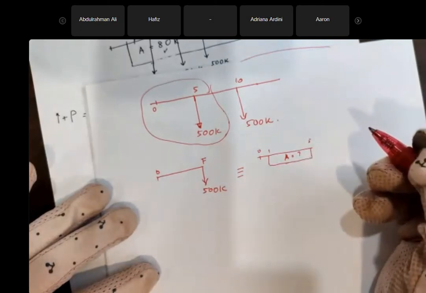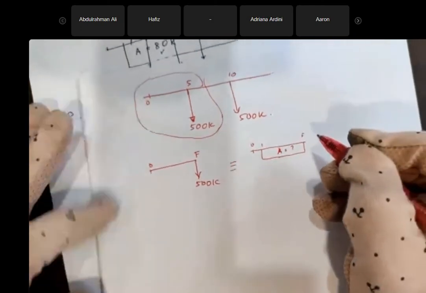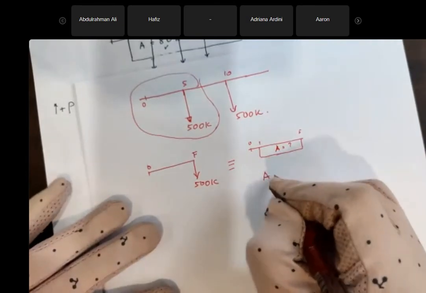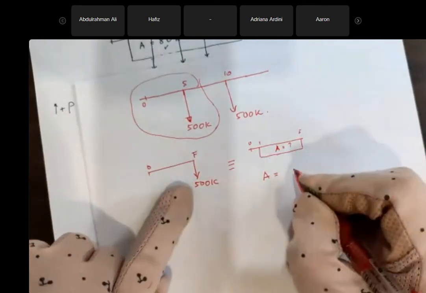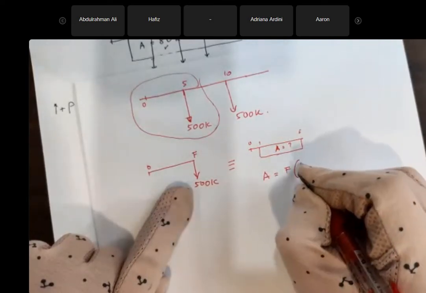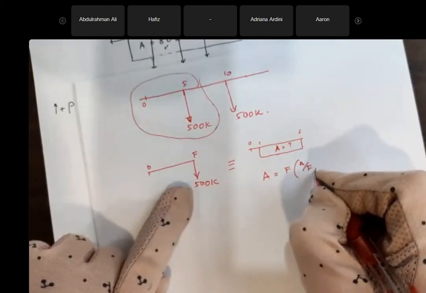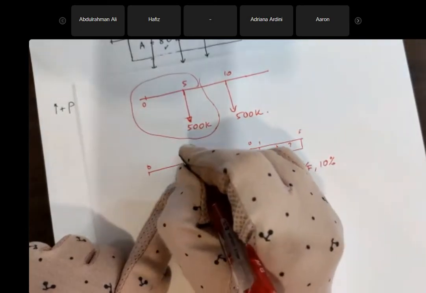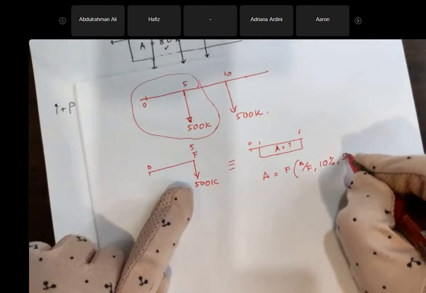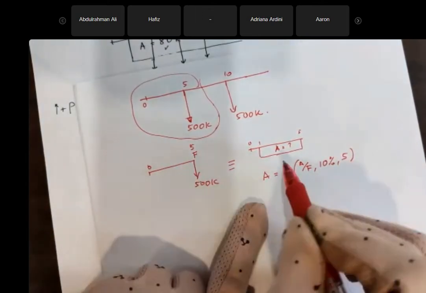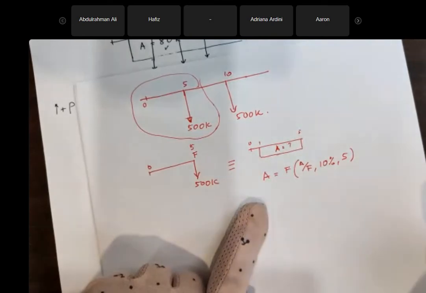A equal to F, A over F, 10%, 5 years. So now you have convert this one into A.